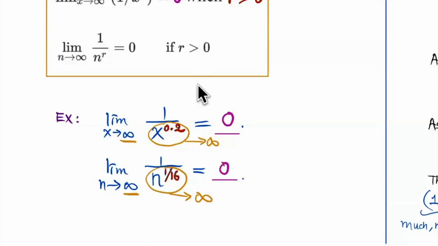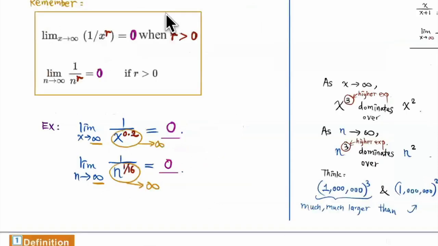So when this r over here is a positive number, 1 over n to the r as n goes to infinity will be equal to 0. So this is what it says. You look at this example, to try to help you understand. So that matches with this one, and this one matches with this one. Okay, good. All right.